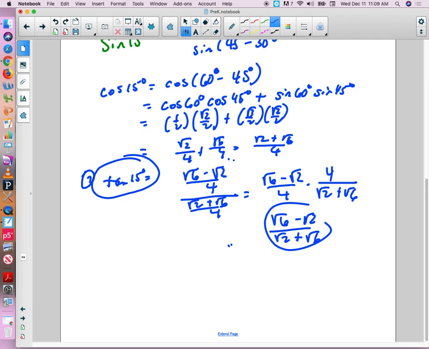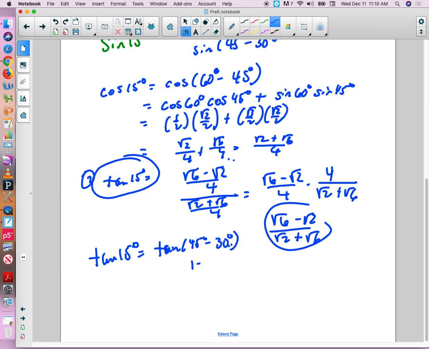All right, now let's look at how you probably did tangent of 15. Unfortunately, some of you may have chosen tangent of 45 minus 30, and then you had complex fractions, which I will not accept.